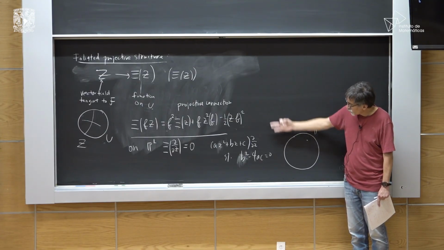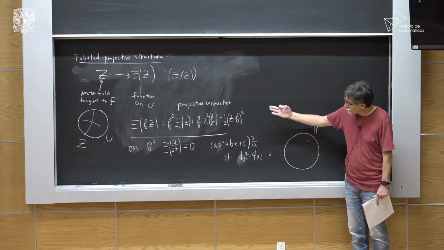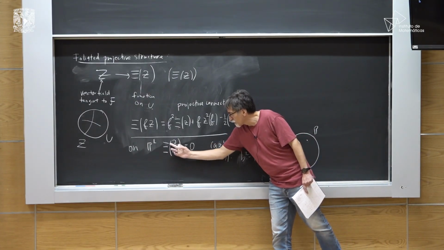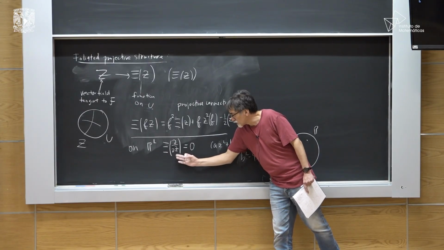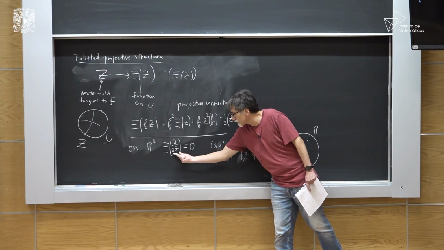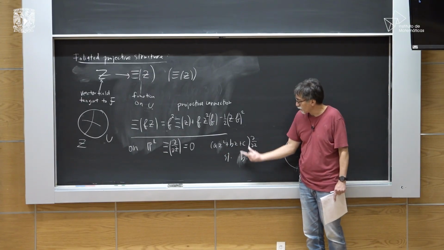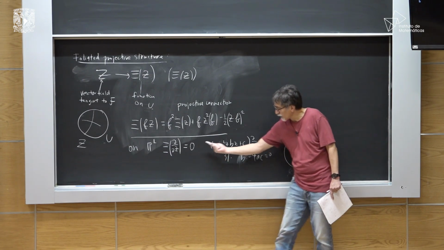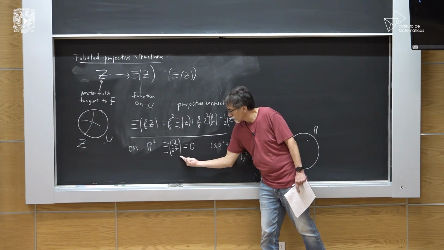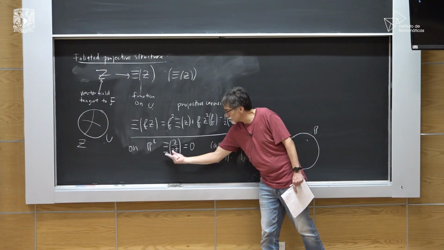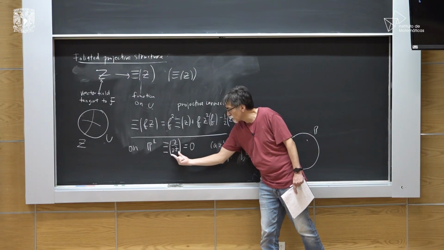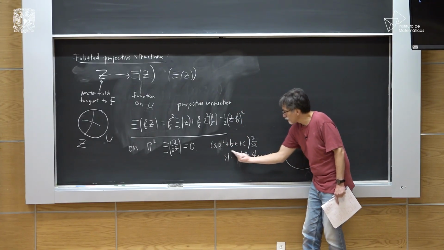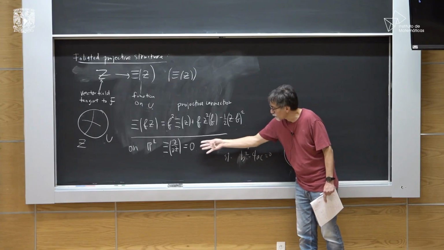And when I put it here on P1 for my standard projective structure, and I take the projective structure given by my coordinate z, the other vector fields are those such that this object gives me the 0 function when I plug in the vector field d over dz and multiply by any function.